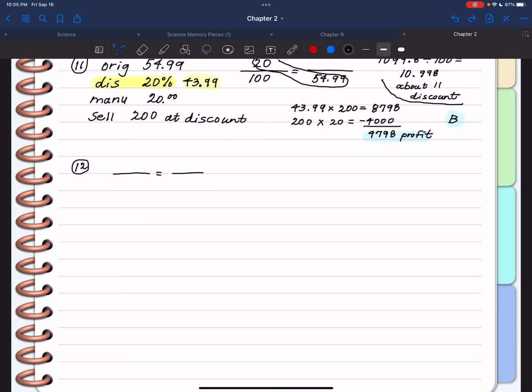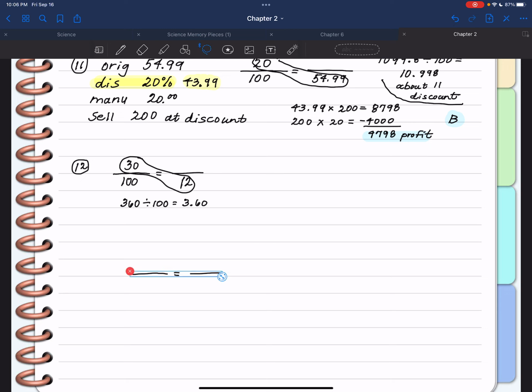The original price is $12, and you save a discount of 30%. So 360 divided by 100 is $3.60.